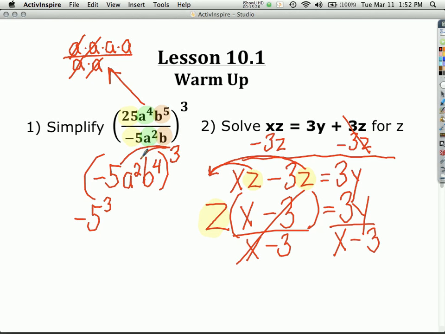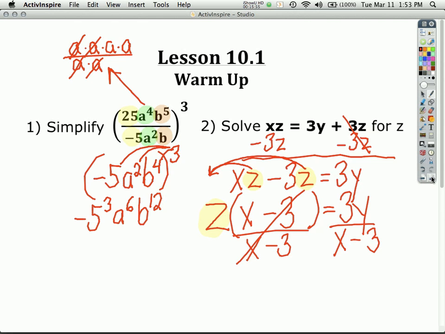A to the second to the third power is a to the sixth, and b to the fourth to the third power is b to the 12th. And negative 5 to the third power is negative 125. Any comments, questions, concerns on number 1? Anything at all?